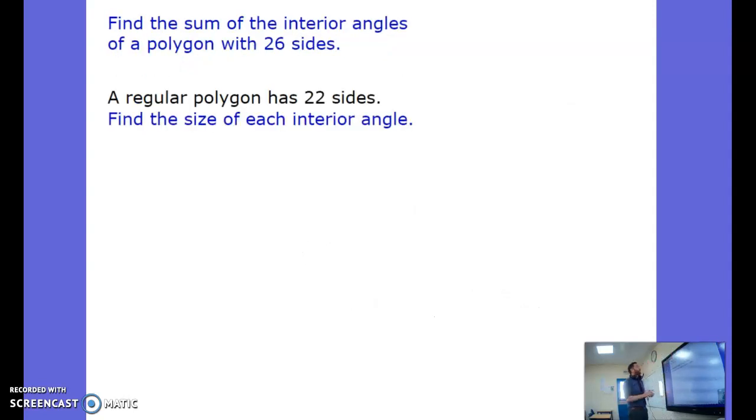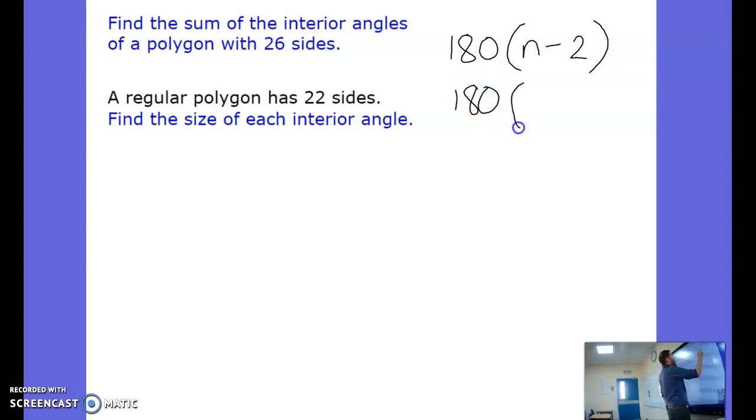Let's look at finding the sum of the interior angles of a polygon with 26 sides. Well, this is where I use the formula for the sum of the interior angles. So all of the interior angles add up to this. And that is 180 multiplied by 26 minus 2.